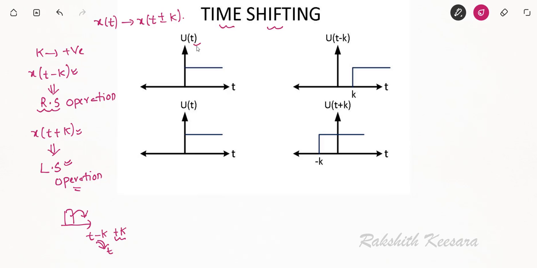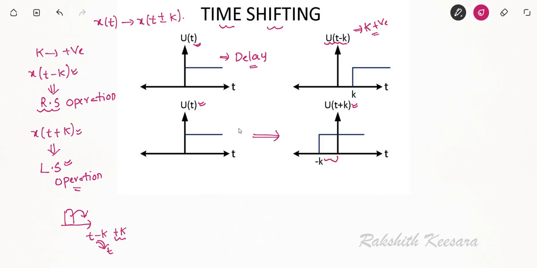So here this is my signal u of t. I need to perform the operation u of t minus k. So this should be right shifted by k, where k is positive. Or I can also say that my signal is delayed by an amount k. So this is also called delay. Next, a signal u of t is given and I need to plot u of t plus k. Here this is a left shift by the amount k.